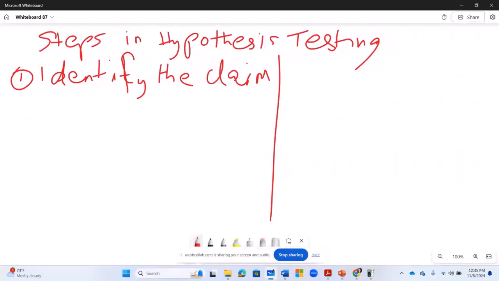So I will say that the claim is maybe greater than that. I'll call this one claim A: the average cost of a TI-84 calculator is greater than $100. So this is the claim, and I am actually making it greater than $100.